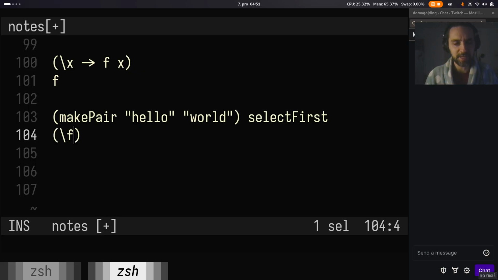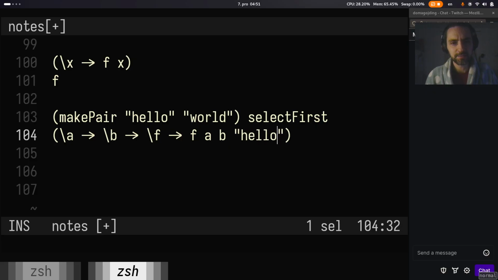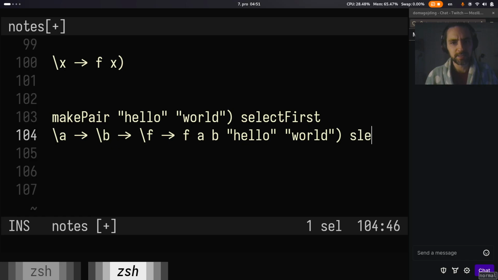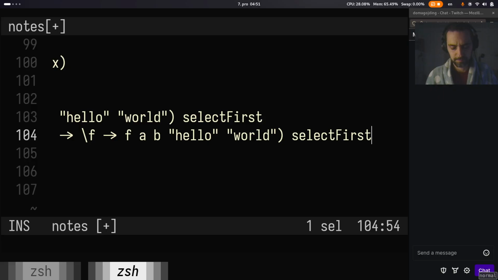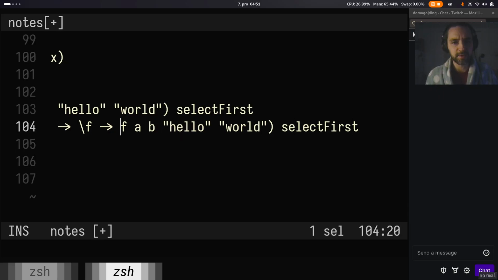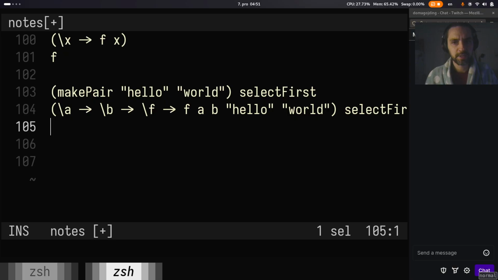Make pair is lambda f, lambda a, lambda b, lambda f, f a b, right? And then hello world, and select first. So what do we do now? f a b and hello world.